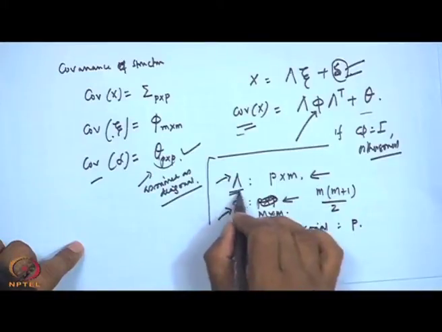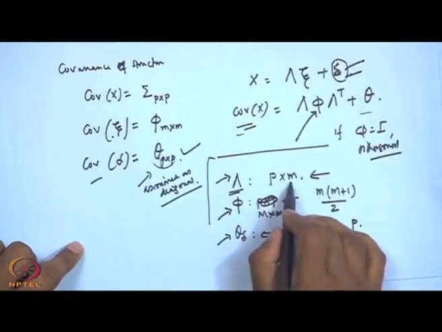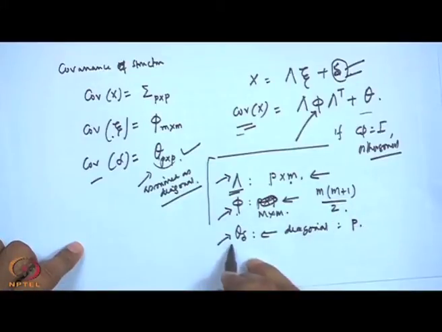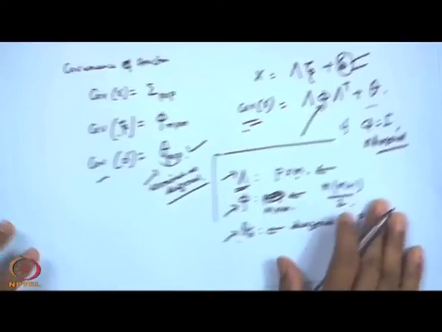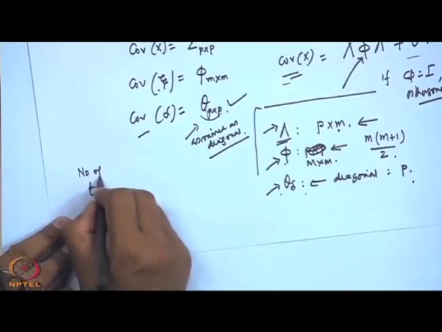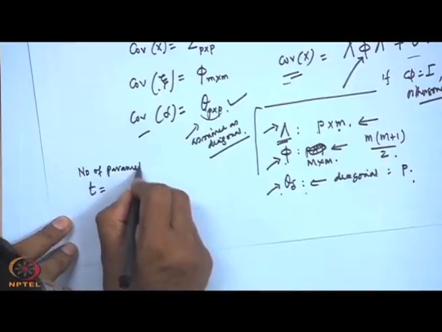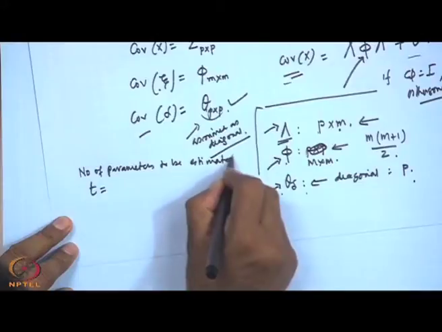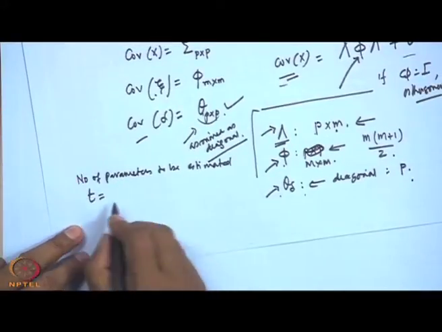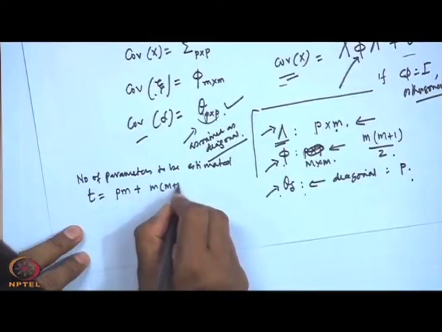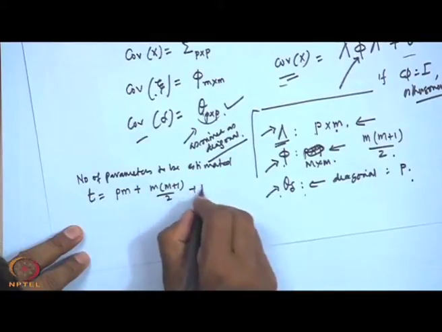For capital lambda, p cross m parameters; for phi, m into m plus 1 by 2 parameters; for theta delta, p parameters. So, in total the number of parameters to be estimated can be written as p m plus m into m plus 1 by 2 plus p.